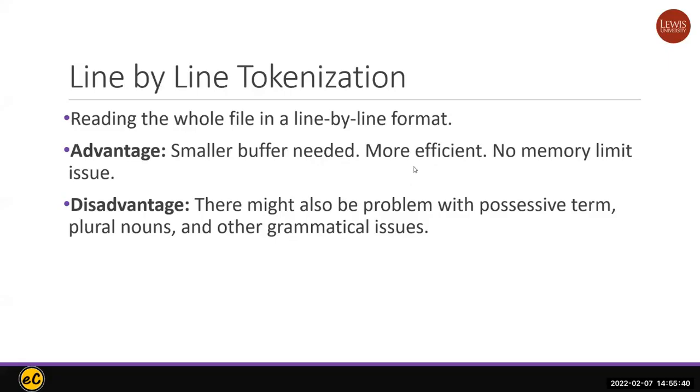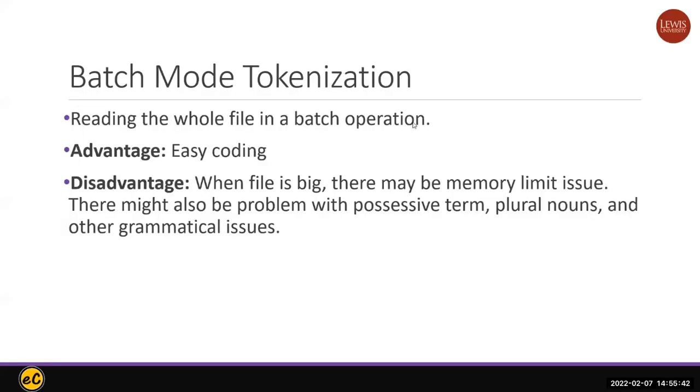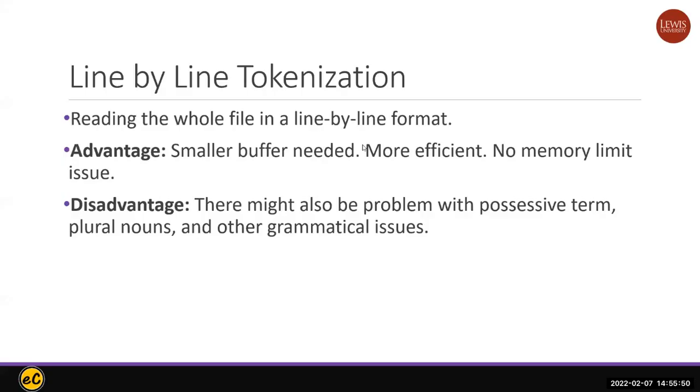So there are some issues with this one-pass, batch-operation type of tokenization. You can do line-by-line tokenization. This one uses a smaller buffer, so it is more efficient, with no memory limits. The disadvantage is that it still has problems with possessive terms, plurals, and other grammatical issues.